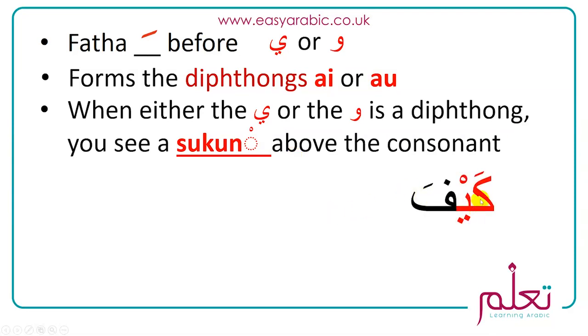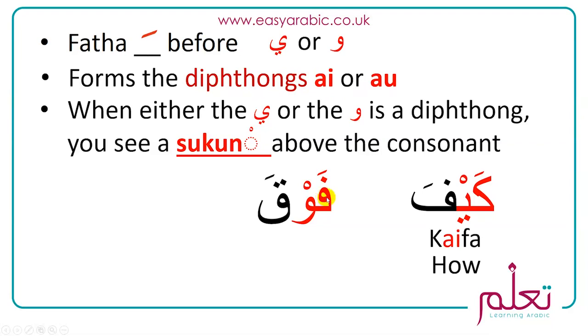If we look at the word kayfa, the kaf has a fatha and the ya has a sukoon, so that creates the ai sound: kayfa, which is "how". Next, this is the fa with the fatha and the waw. It creates the o sound: fawqa, which is "over".